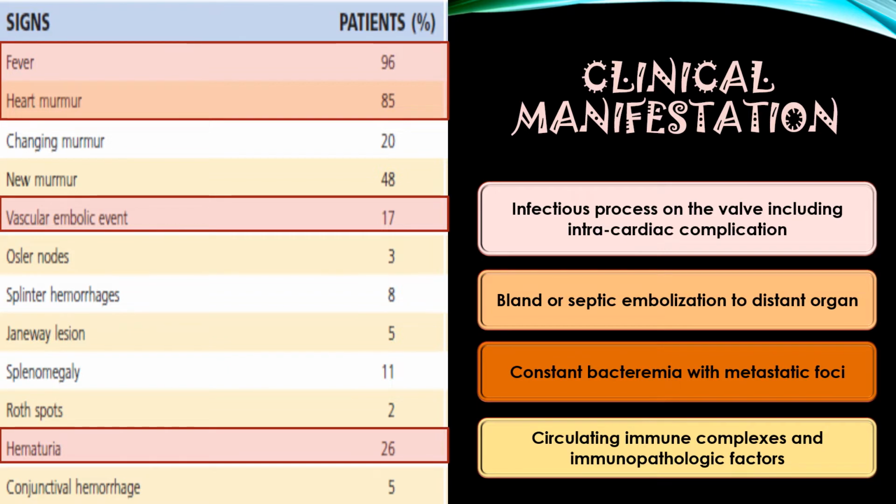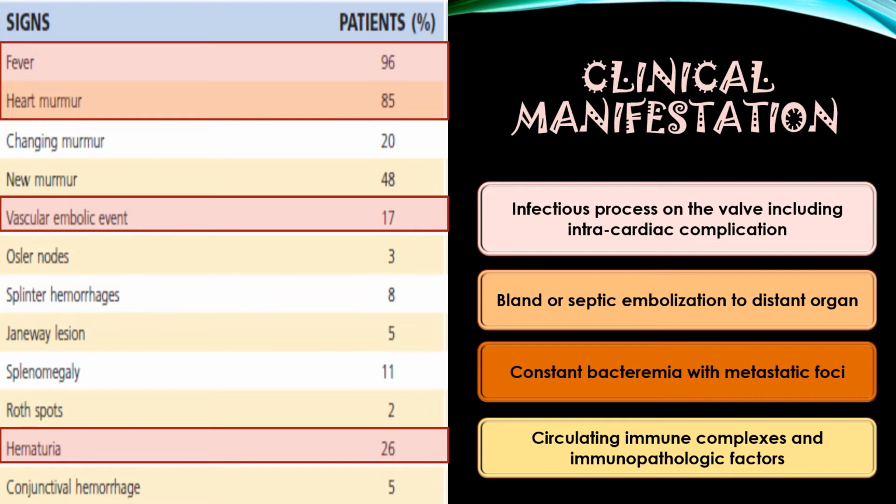And from the vegetation, the bacteria or causative organisms in the blood travel in the blood vessels to other organs such as the spleen, or may bind with antibody to form immune complexes and deposit in various organs and cause symptoms such as hematuria.